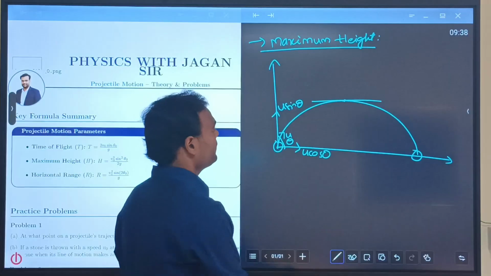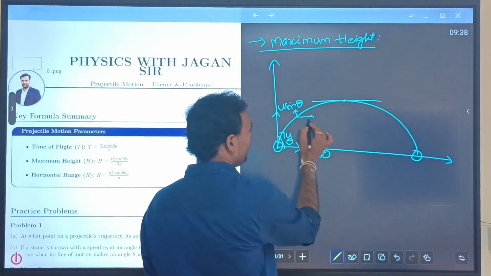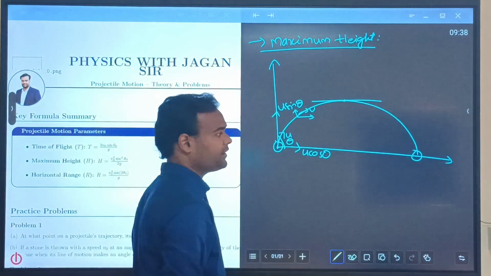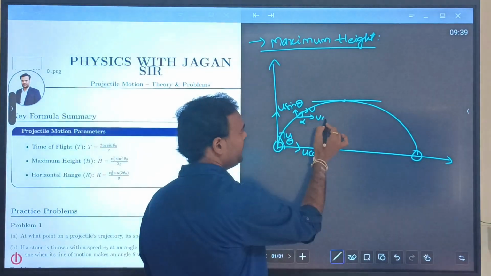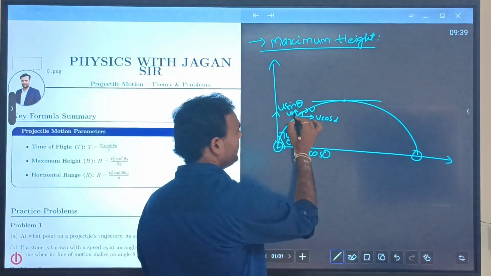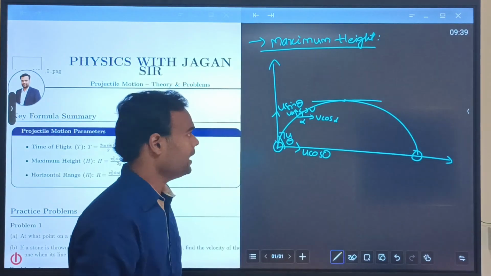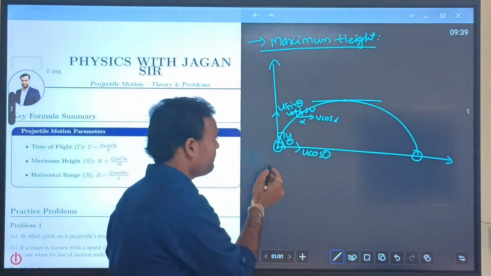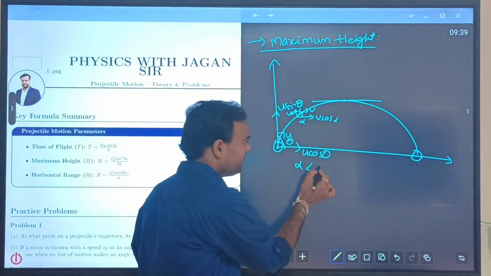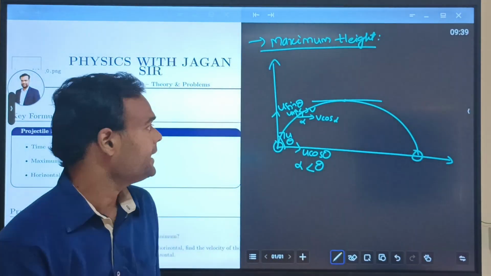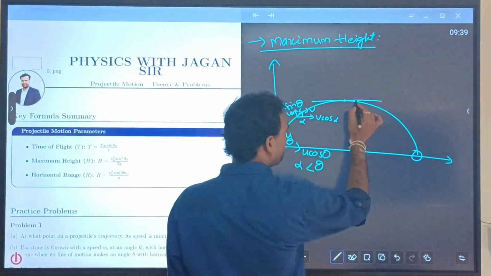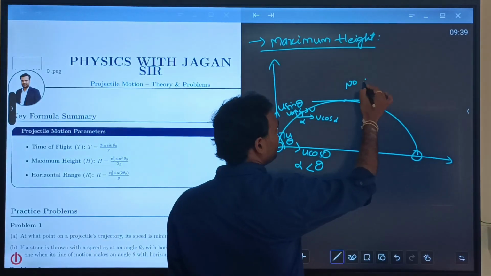Now here you can observe that it is having velocity v, making an angle, let us assume alpha, with components v cos alpha and v sin alpha. Understand one most important point: alpha is obviously less than theta, and at the topmost point there will be no angle.